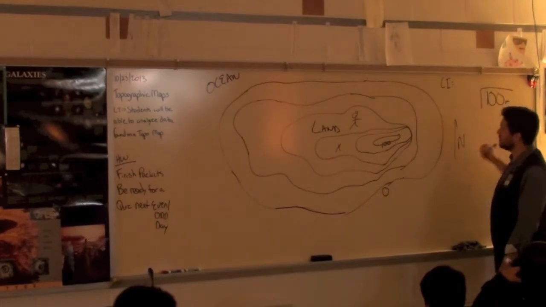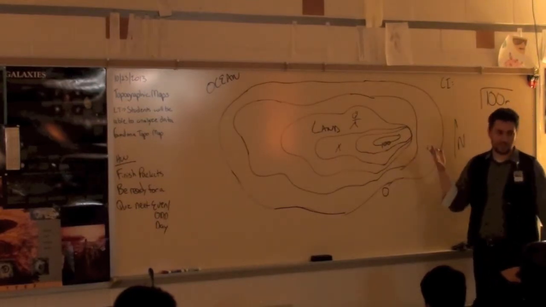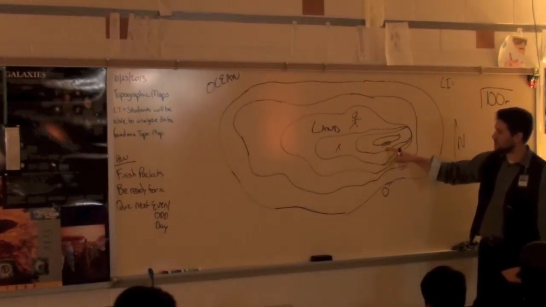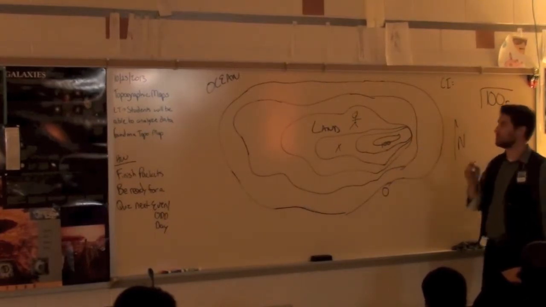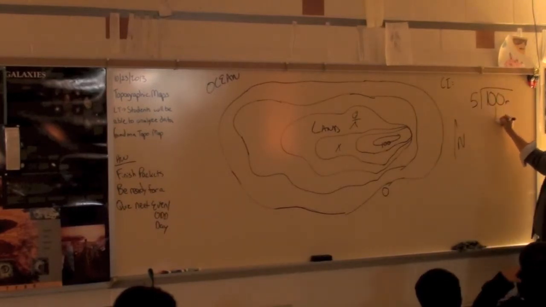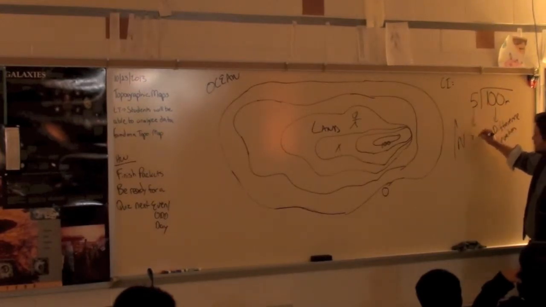Well, if I want to know what each line is, I just have to do some simple division. How many spaces do I have? 5 spaces. You add up the difference; this number is the difference in elevation. This number is the number of spaces.